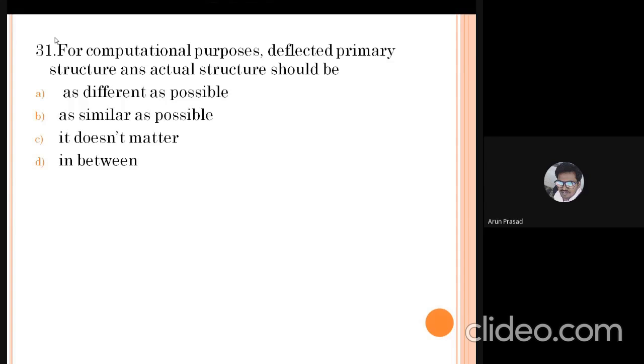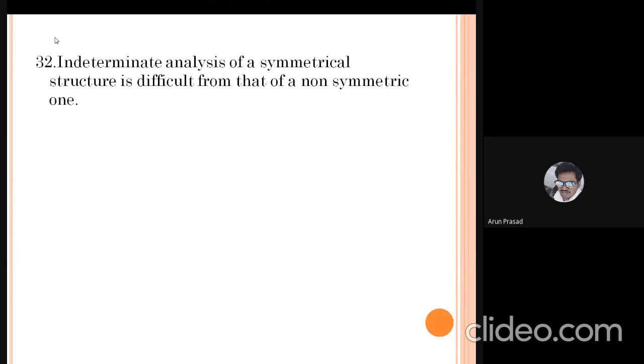For analyzing, should the deflected primary structure be different from the actual structure, or similar, or not considered, or in between? The answer is that it should be similar: the deflected primary structure should be the same as the actual structure.